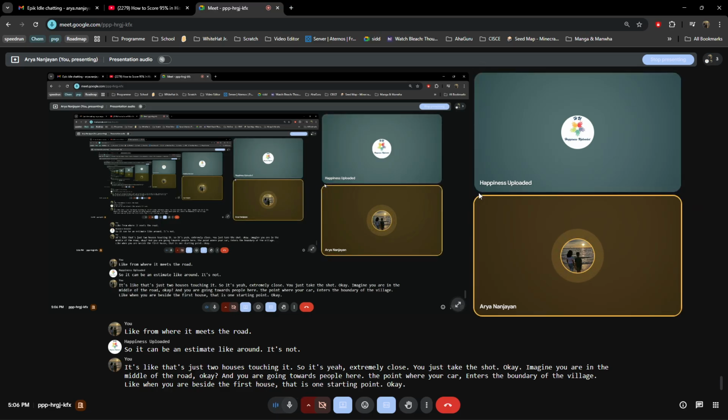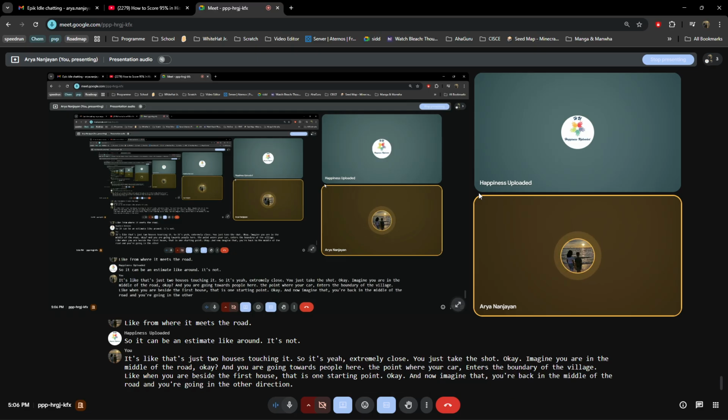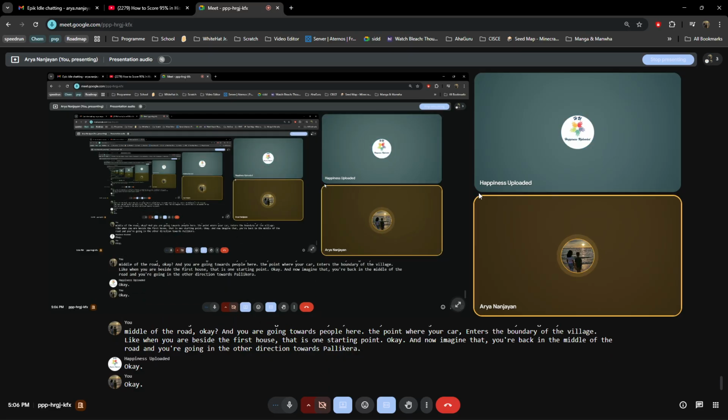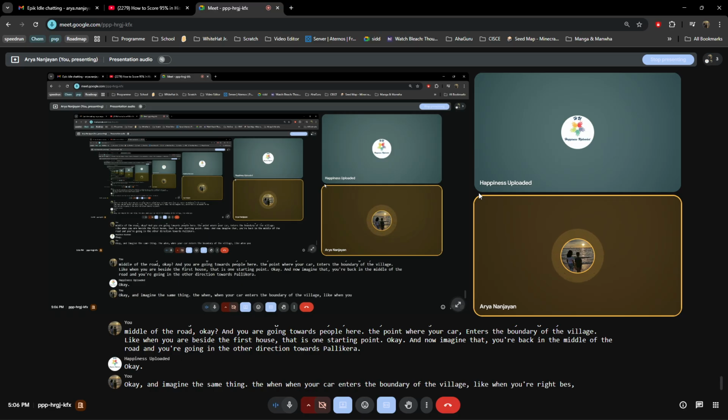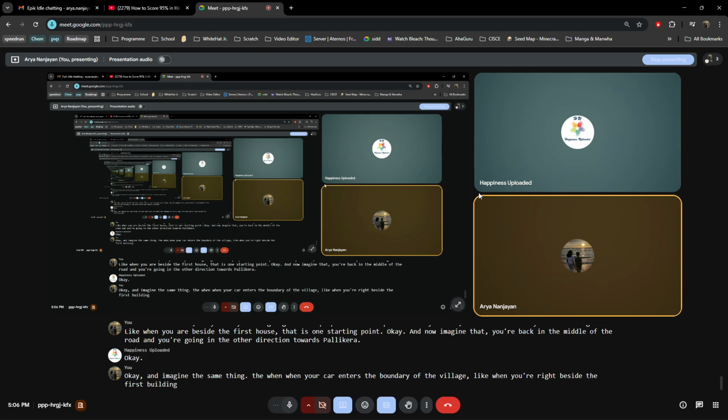Now imagine that you're back in the middle of the road and you're going in the other direction towards Palikera. Imagine the same thing. When your car enters the boundary of the village, right beside the first building, that is the second point. So you find the indirect distance between those two points.